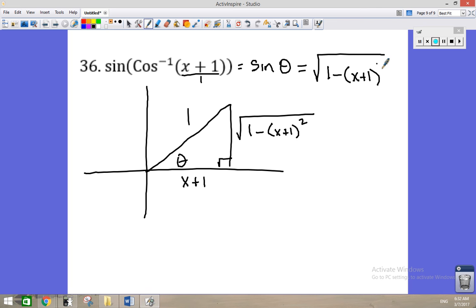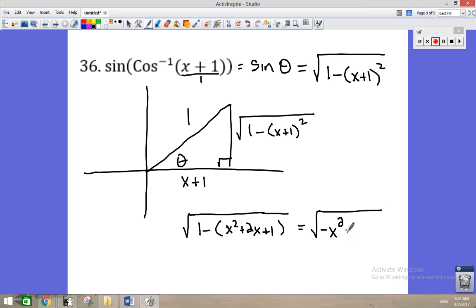If somebody did square it out, what would you get? Remember that exponents don't distribute, that this is x squared plus 2x plus 1. And the 1 minus 1 would cancel each other out, so we'd have this as that. But I'm just going to leave my answer like that.